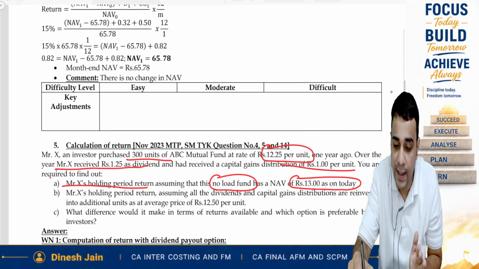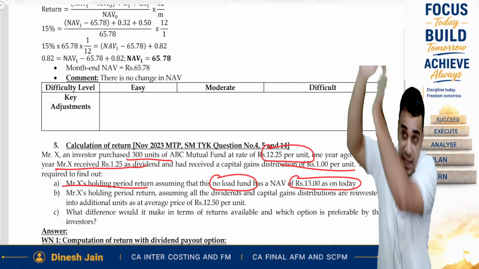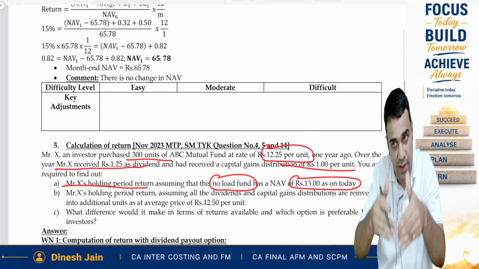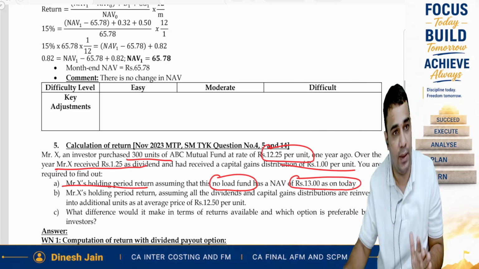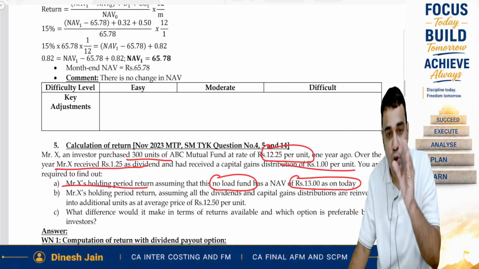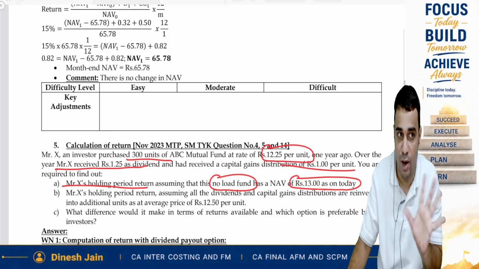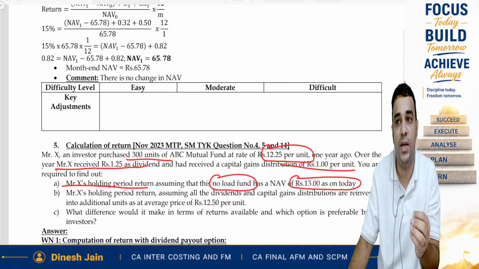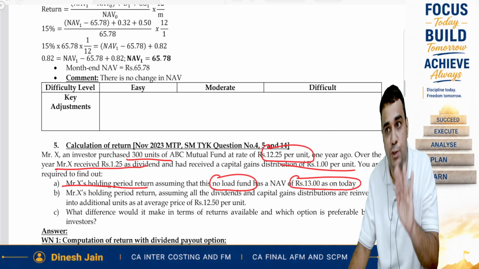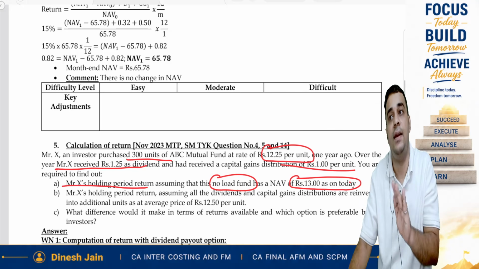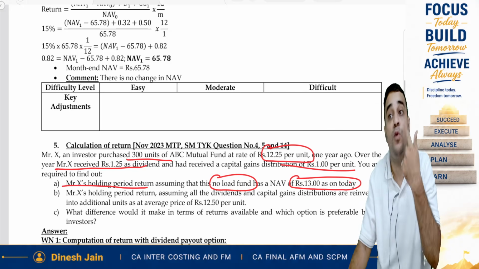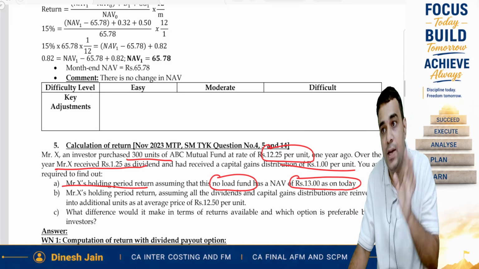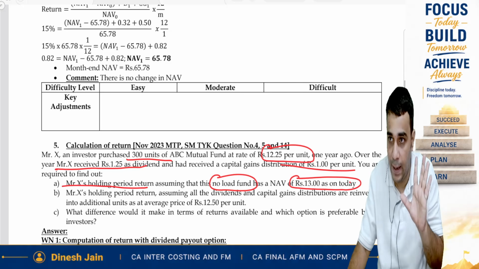Today does not always mean NAV 0 here. Today means the closing NAV and 1 year ago means the opening NAV in this problem. Today is technically NAV 1 and 1 year ago is NAV 0. Generally this will not happen, but in this problem it does.